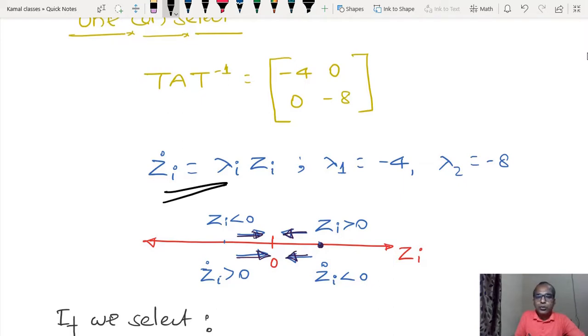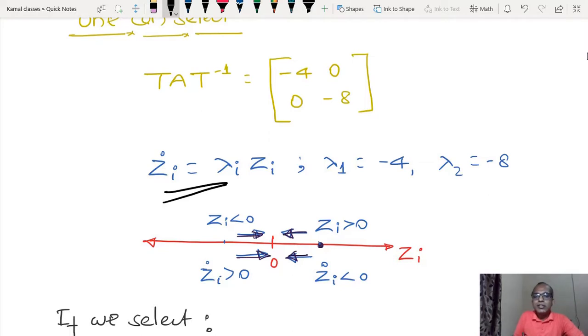Several times in other courses I have talked about this methodology: whenever you have a higher dimensional linear system, you can check the eigenvalues, and if they are all distinct, strictly negative or positive, it doesn't matter, then I can equivalently convert that n dimensional system to n independent or decoupled linear systems in a different coordinate frame. Similar kind of things I have done.